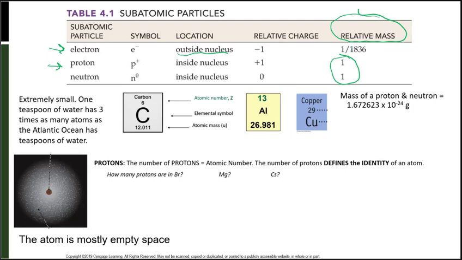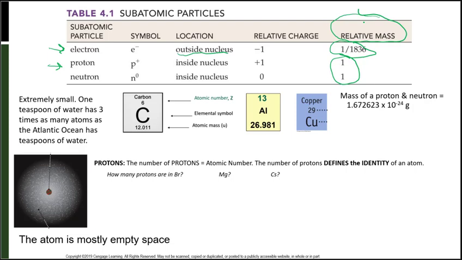Notice the electron. It would take 1,836 electrons to have the mass of 1 proton or 1 neutron. So it is so small that we count it as being negligible. Even if you look at the periodic table, there are 118 elements.